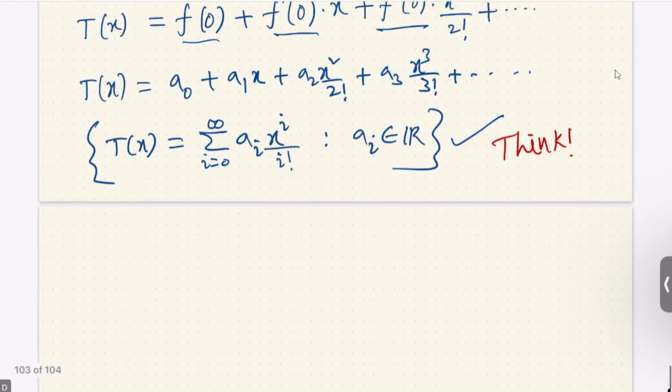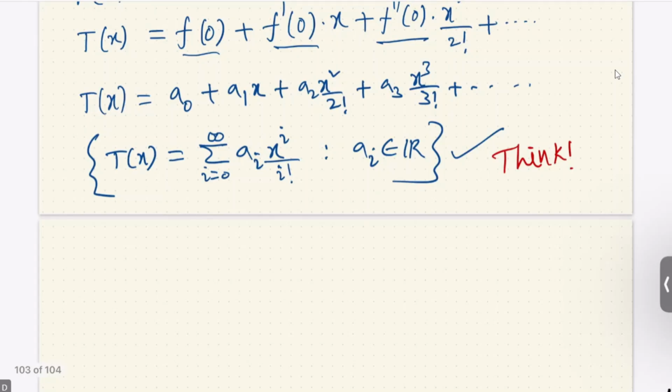Instead of T of x, let's say this class of functions. Am I audible? First of all, can you hear me? Yes, sir. Okay, fine. Let me use some notation. I'm just keeping it as script T, the Taylor functions.